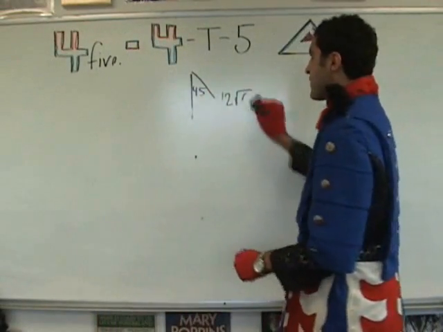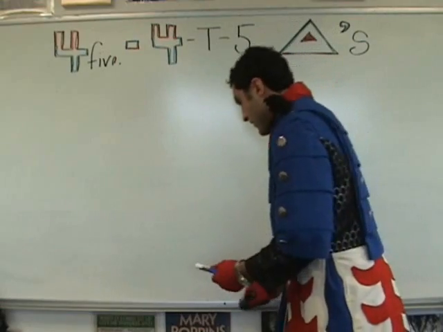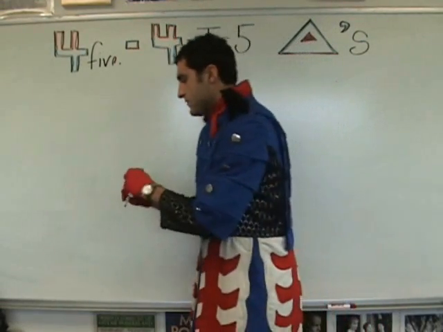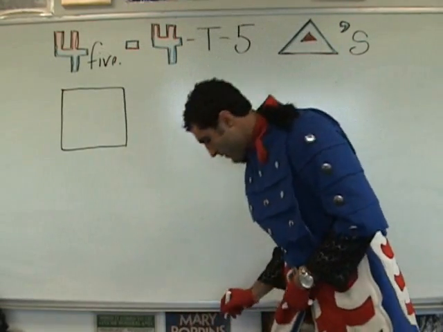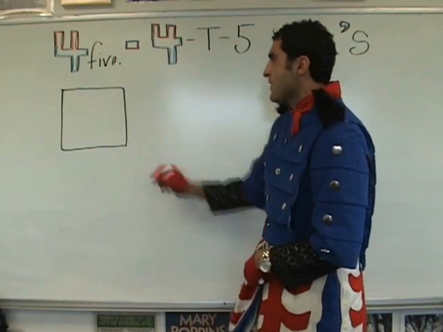Two problems involving squares, and then that's it for today with Math Bobby. Okay, so here's a square. I knocked the eraser down every single time.